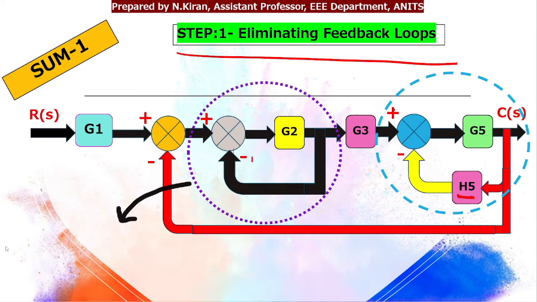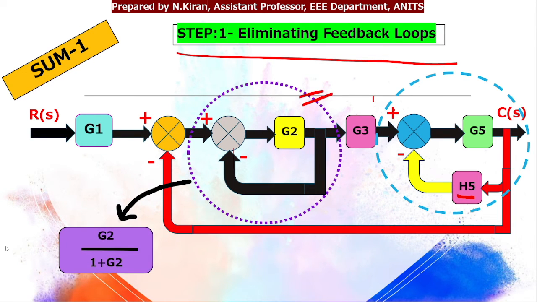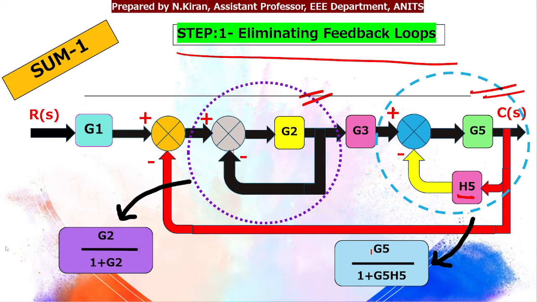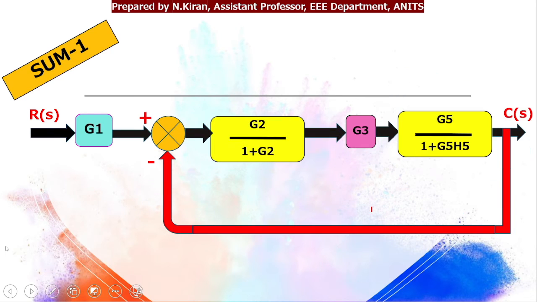So we know that this will become G2 by 1 plus G2, and this elimination will give me G5 by 1 plus G5 into H5. So these two I am going to replace by the respective blocks.